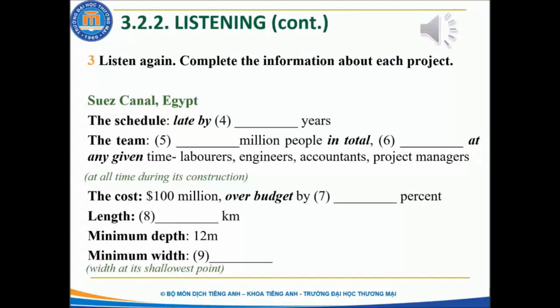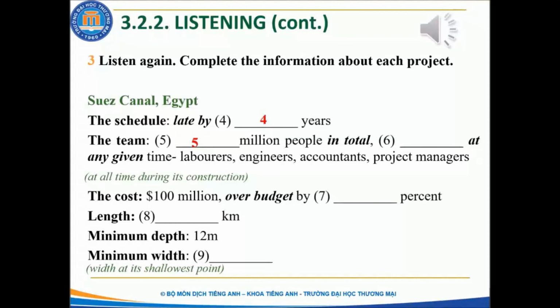Now let's check the answer together. So for number 4, how many years that they finished the project later than planned? The answer is 4 years. Okay. And for number 5, ở câu số 5 mình điền là tổng số người tham gia là 5 million people in total. Alright.